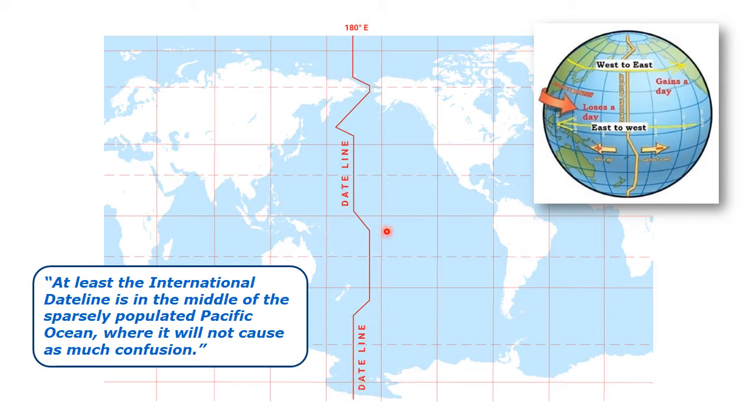Now, the date line zigzags around, though it's not exactly a straight line all the way down the 180th meridian. It zigzags around major island groups to keep the same country all in the same day. And that means that there would be less confusion.